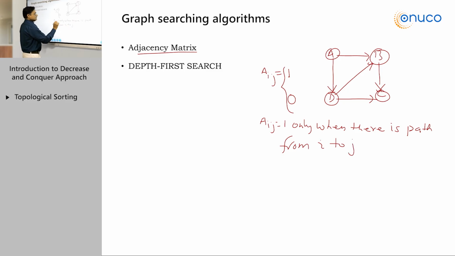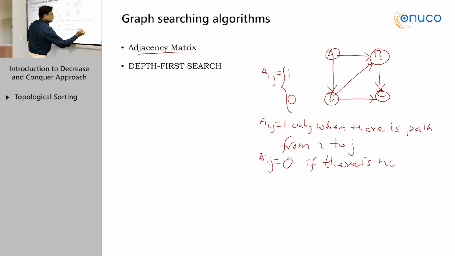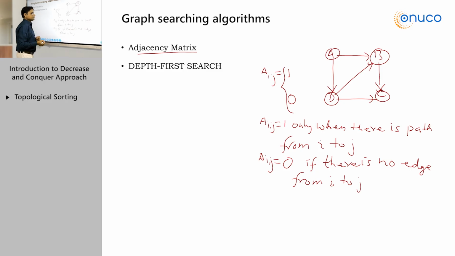Remember that i and j are vertices. So A of ij will be 1 only when there is a path between the vertices, and A of ij will be 0 if there is no edge from i to j.